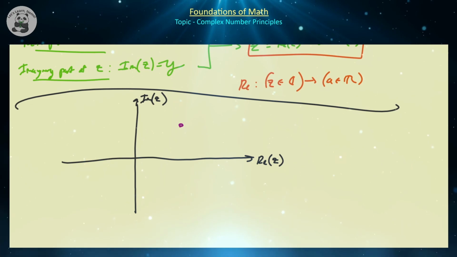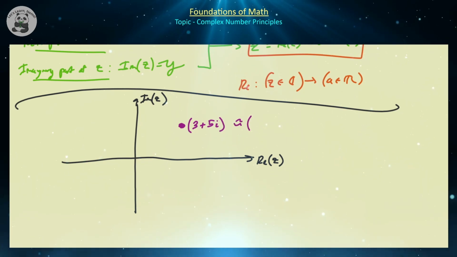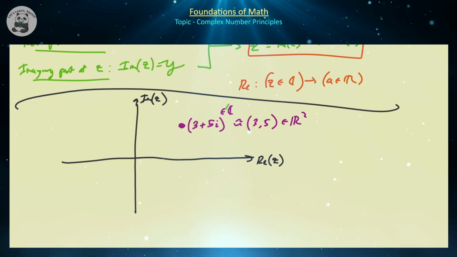So if we have this point located here, this is where 3 plus 5i is going to be located, and it's similar to the point (3, 5) that belongs to R2. But keep in mind 3 plus 5i belongs to C. So one could say, okay, well, C and R2 do share some similarities with each other, and there's actually a lot of truth to that statement.